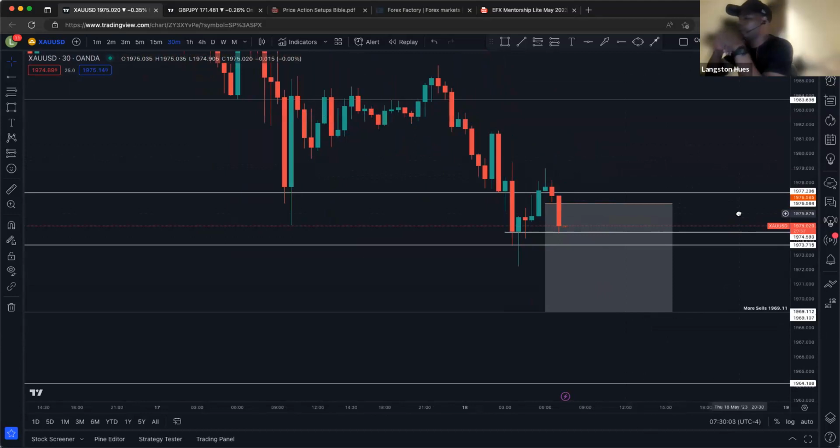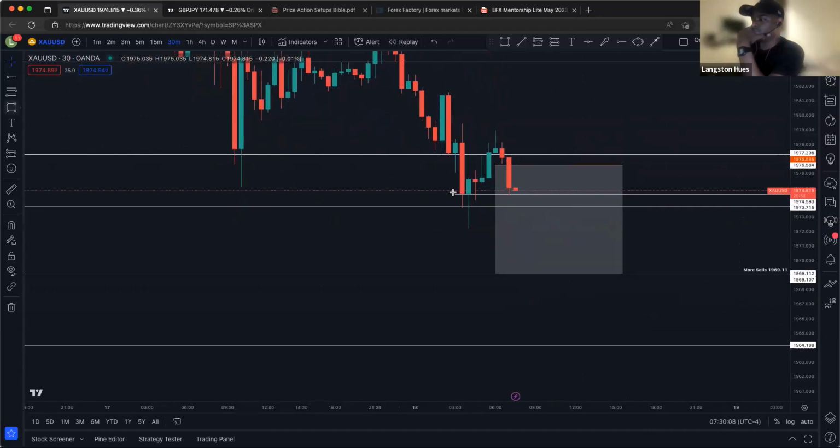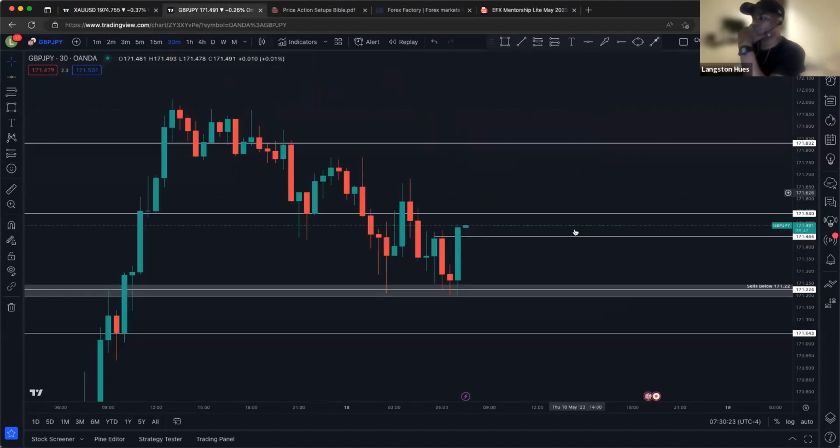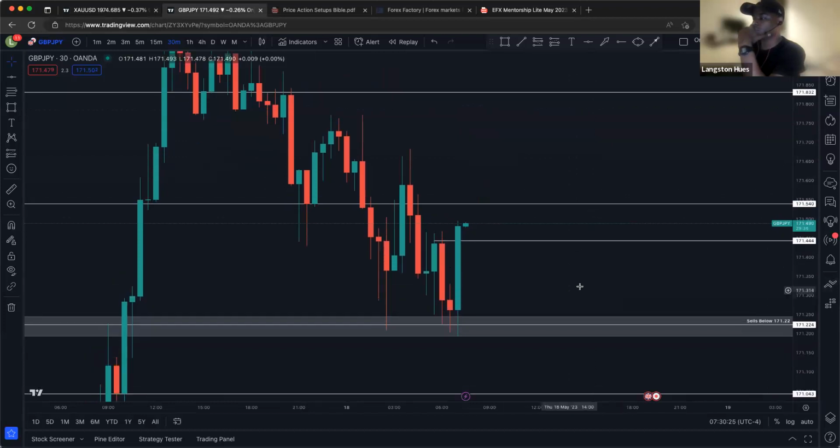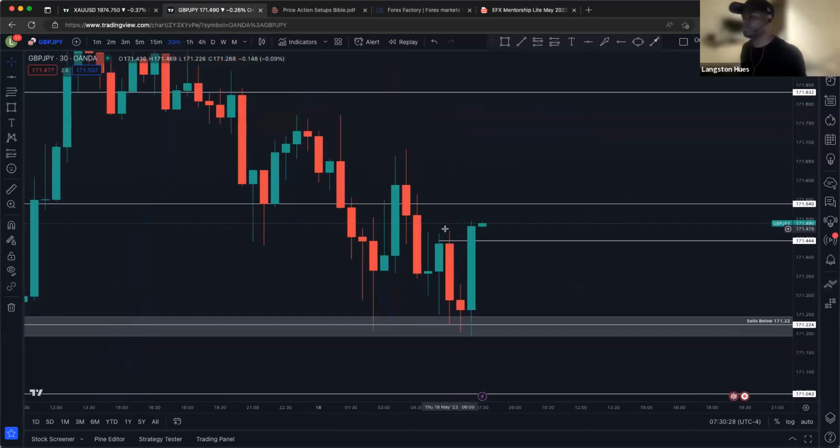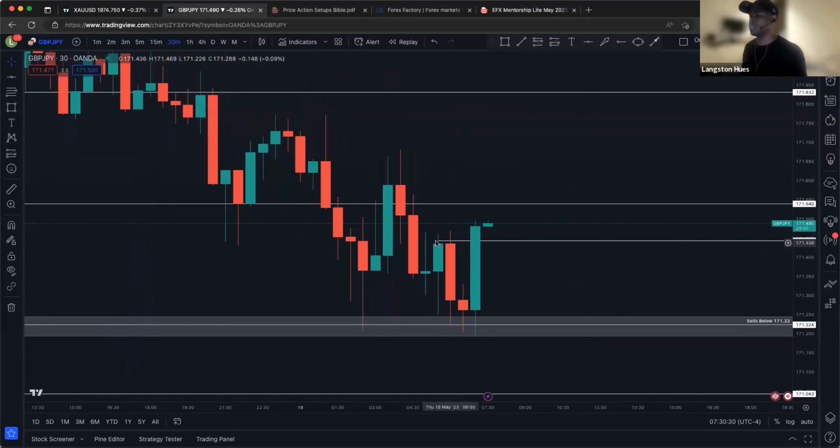All right, we got a 30-minute closure, respecting this level right here. Closure on GJ as well, above this level of resistance on the 30-minute.